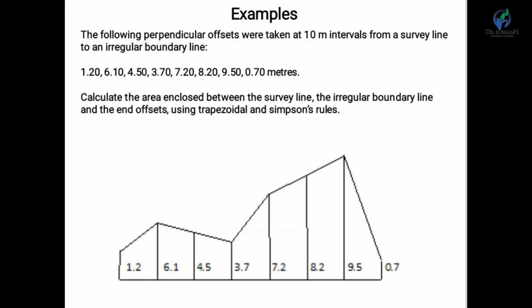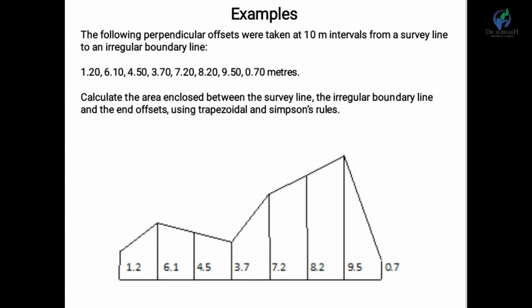The next example gives 10 meter intervals from the survey line to an irregular boundary line, and some ordinate offset values are given. Now we have to calculate the enclosed area between the irregular boundary using the trapezoidal and Simpson rules.